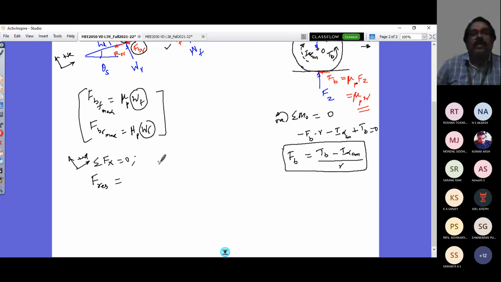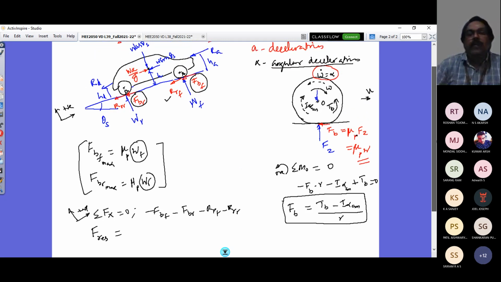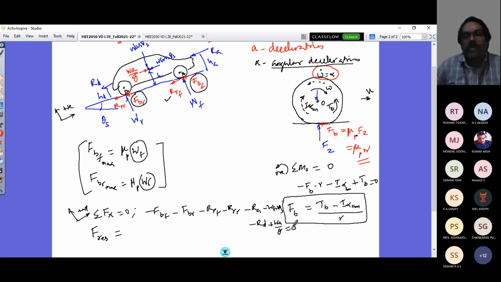When I write that, I would have FBF minus FBR, they are down, minus RRF minus RRR, rolling resistance forces, and other forces are minus RA minus W sine theta S minus RD plus WA by G, all equal to 0.